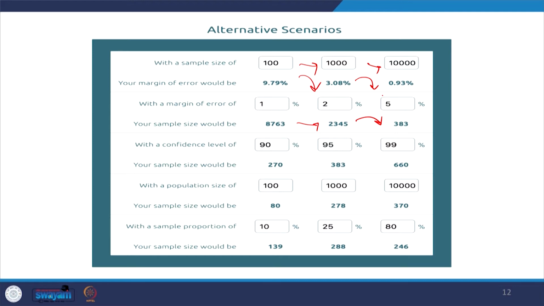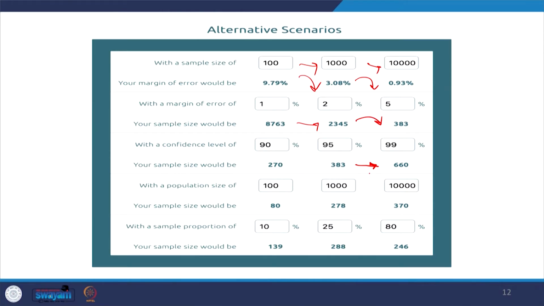Similarly, for decisions regarding confidence level, when your results are expected to be very confident, or quite impressive, then you are supposed to take a larger sample size.